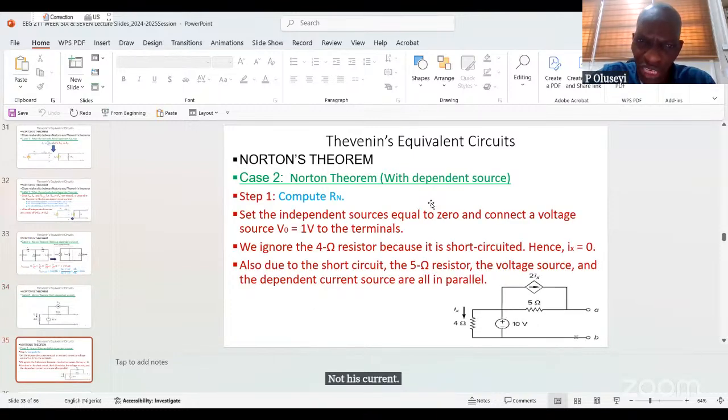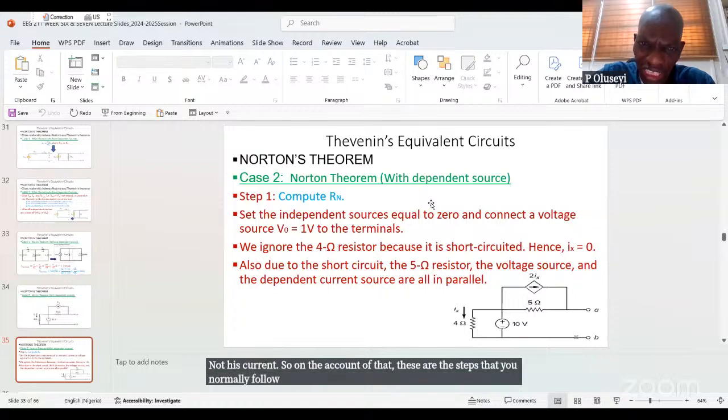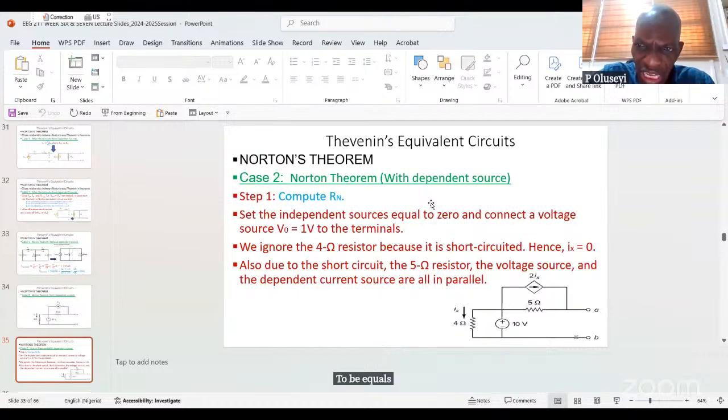So these are the steps that you normally follow. You will have to set aside the independent source to be equal to 0 and connect a voltage source to the terminal. That is when you are dealing with the dependent source.